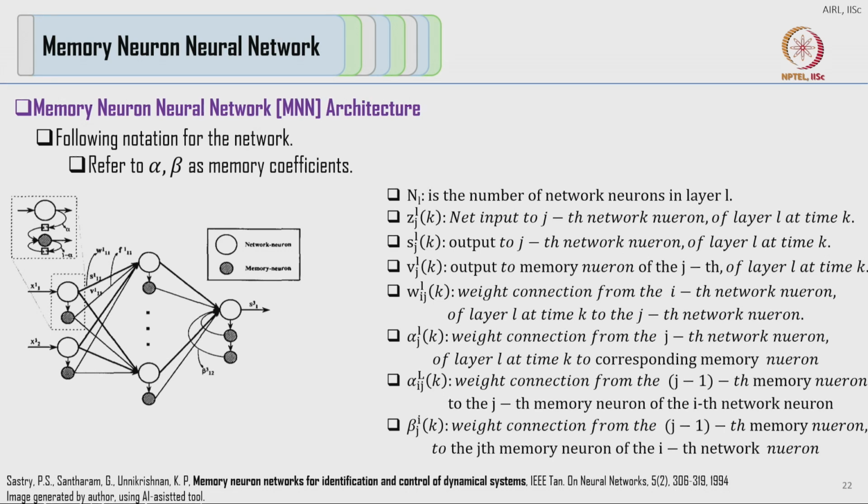Just as a summary, because there is a lot of notation involved, I thought I would give a summarized input. NL is the number of neurons in layer L, Zi is the net input to the neuron. Whenever I say S, it is the output of the network neuron; whenever I say V, it is the output of the memory neuron. Sorry, there is an error here: it is neuron.